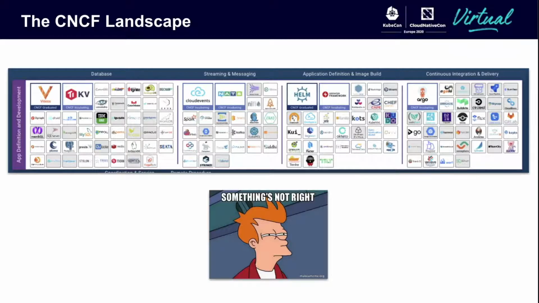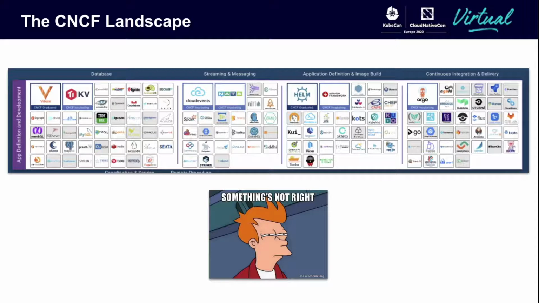So today, if I am an application developer and I look at the CNCF landscape around the application definition and development category, it's actually very interesting. The first section I saw is a bunch of databases, of which I only heard one or two.